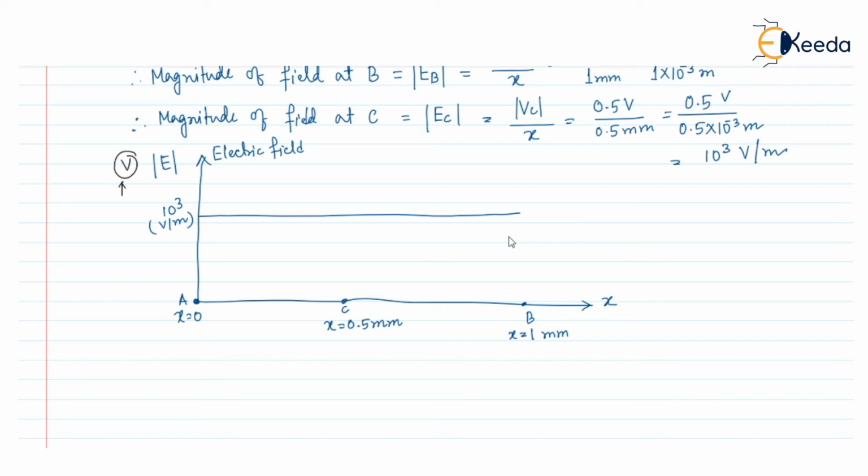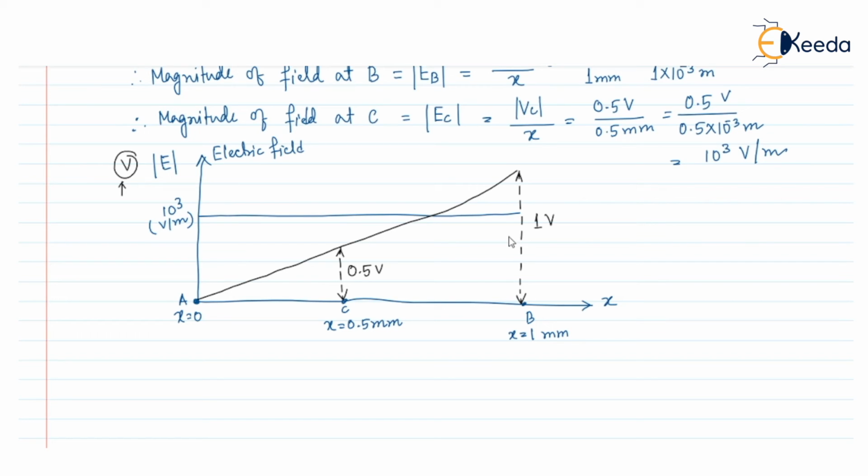So I can draw the graph looking like this. At C point the potential value will be 0.5 volt, and at B point the potential value will be 1 volt.